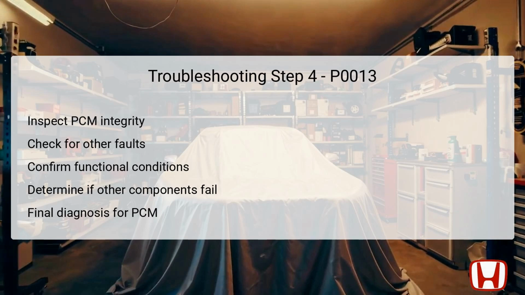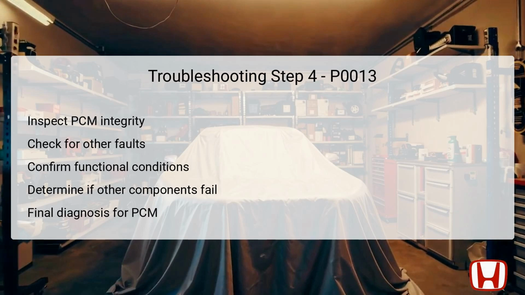This diagnosis involves confirming that the PCM is receiving accurate signals from all related components and is responding appropriately. If the PCM fails to properly act upon these signals or generate the correct output, it may need to be replaced. Ensuring that all other systems operate without faults is crucial before asserting that the PCM is at fault.